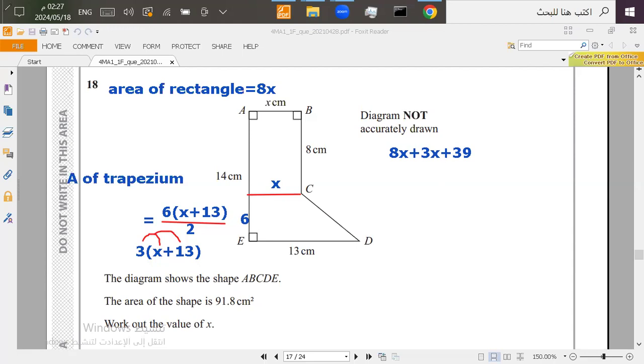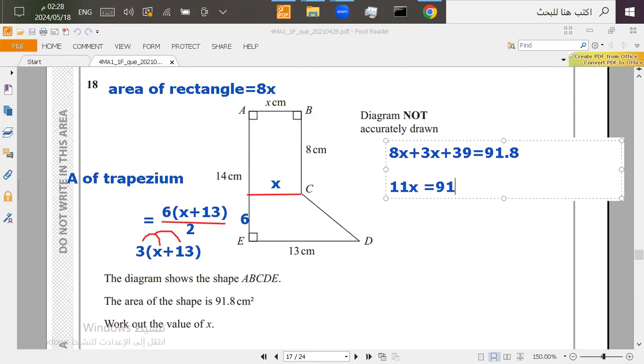Now, equals what? When you add these together, it's going to be equal to 91.8. Now, let's continue the simplifying. 8x plus 3x is going to be 11x. And then we're going to take the 39 to the other side. It's going to be minus 39.